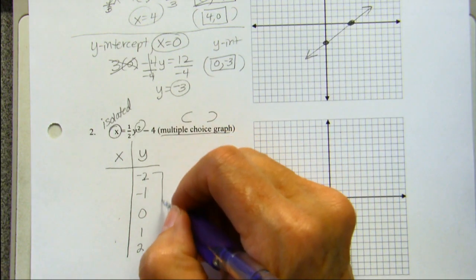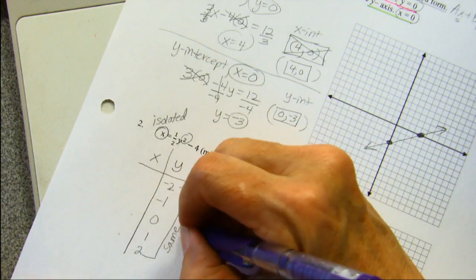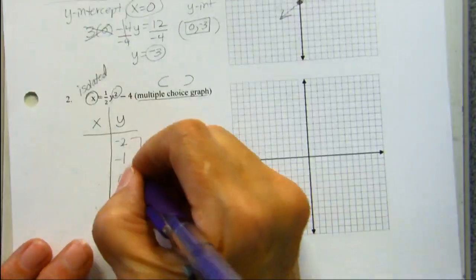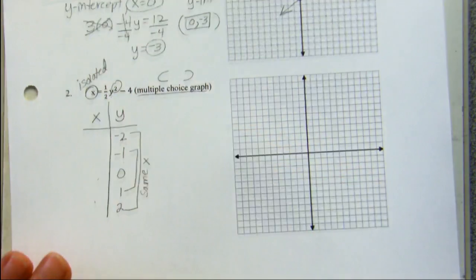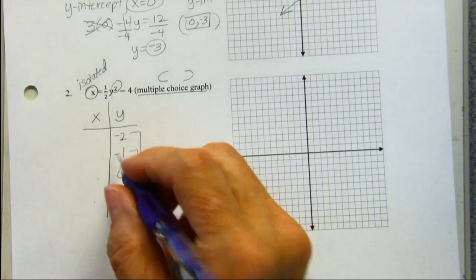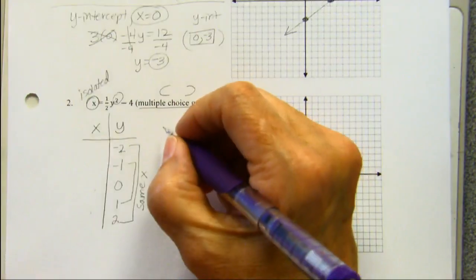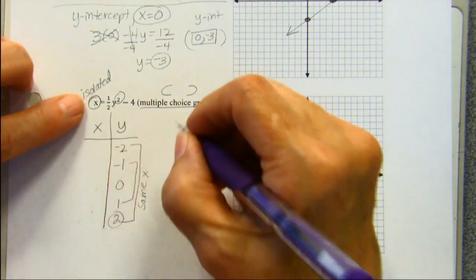And my 2 and negative 2 will be the same x value. And my negative 1 and 1 will be the same x value. So I'm going to use the 1 and 2 instead of the negatives because I don't like working with negatives. So I'll start with number 2.